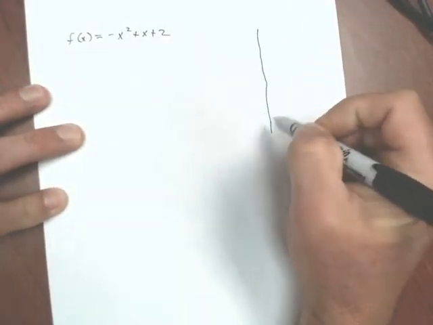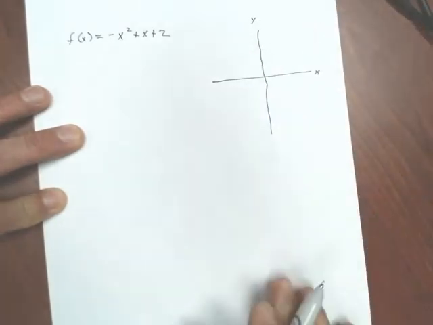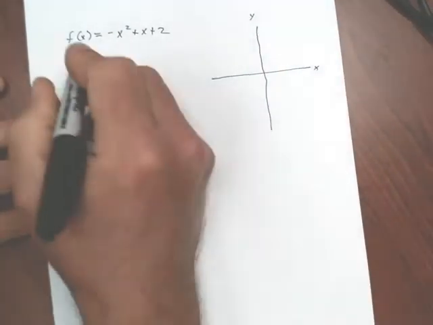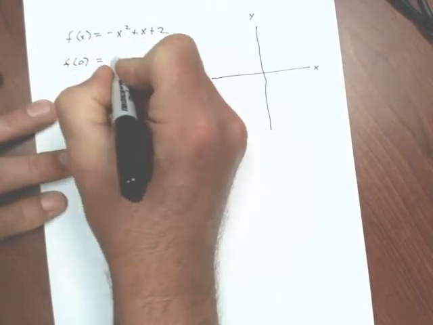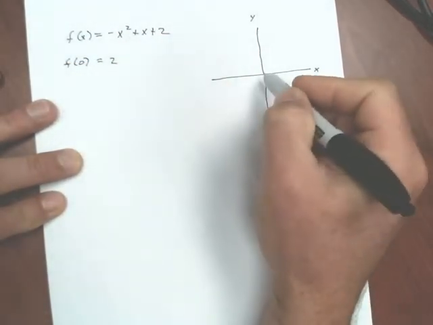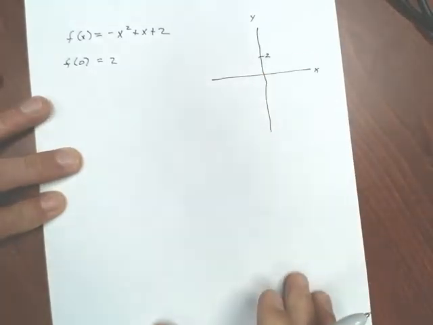Okay, so let's draw our Cartesian coordinate system here. So we solve for f of 0, that equals 2. So when x is 0, y is 2.